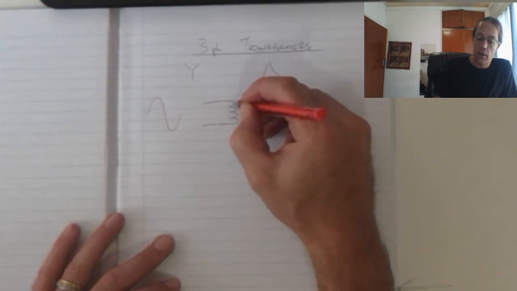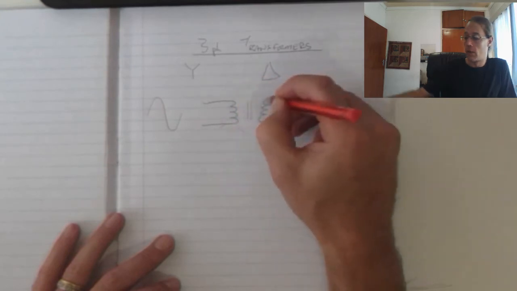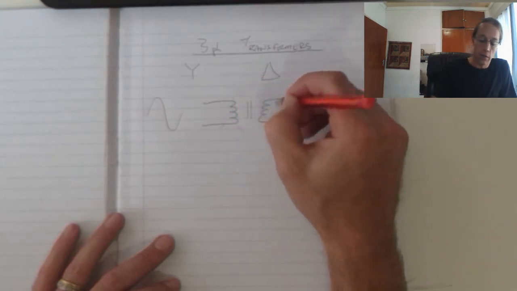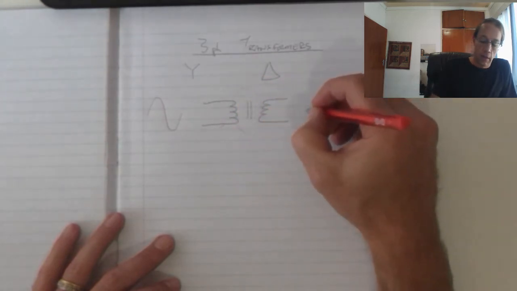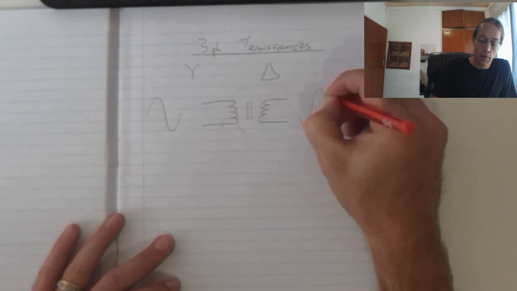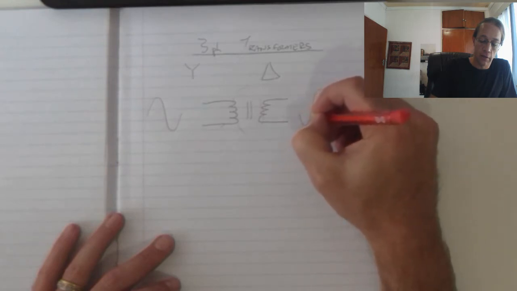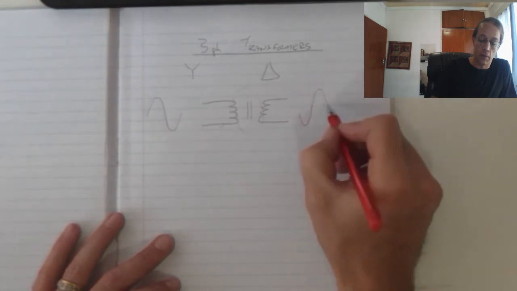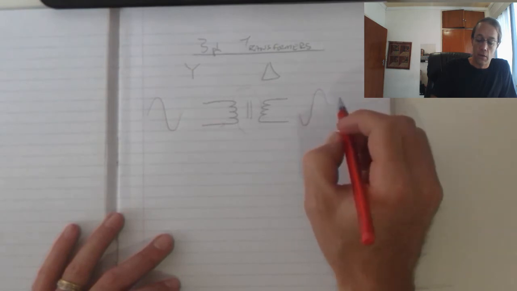This current will create a magnetic field which will influence and induce a voltage into the secondary coil, and as a result, if this circuit is closed, we will have current, and as a result we will have our 180 degree phase shift that we learnt about in grade 9.